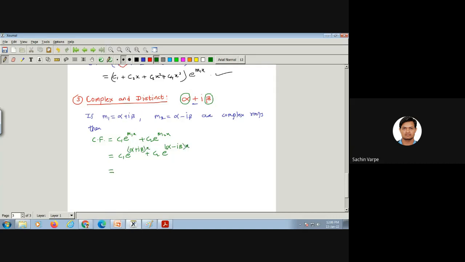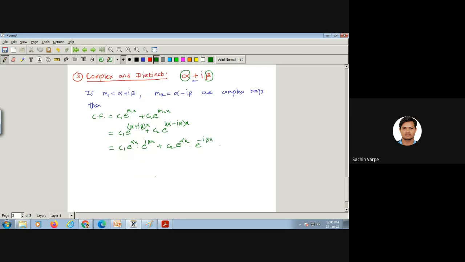right? So that can be written as C1 e to the power alpha x into e to the power i beta x plus C2 e to the power alpha x into e to the power minus i beta x. Yes or no? So we can take e to the power alpha x common, and inside it will be C1 e to the power i beta x plus C2 e to the power minus i beta x.